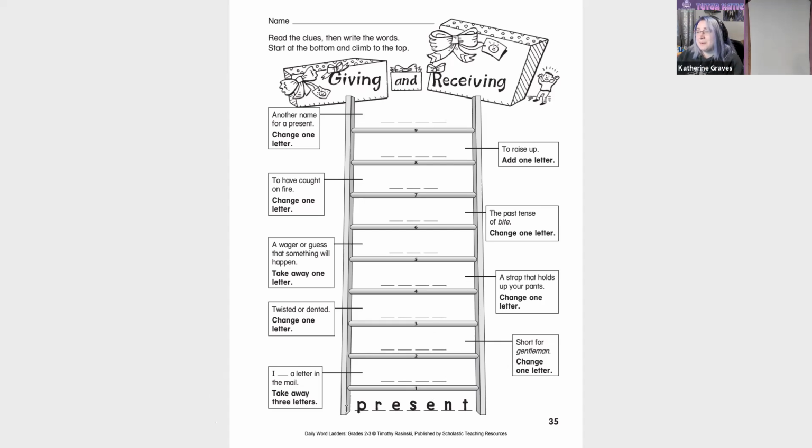All right, we start with the word present. Then we have I blank a letter in the mail. Take away 3 letters. So what do you do to a letter?